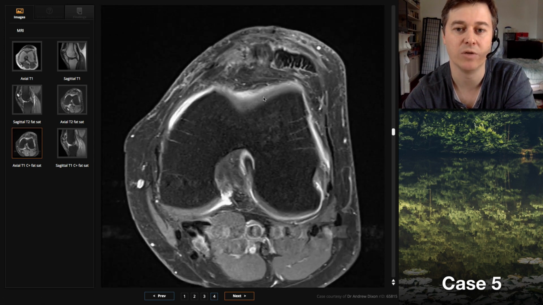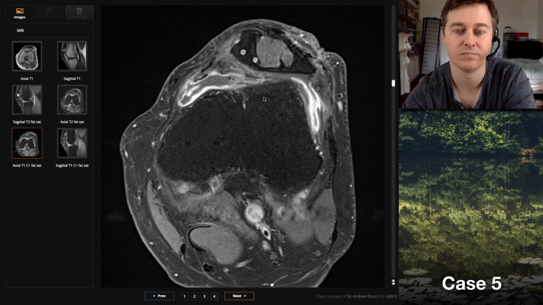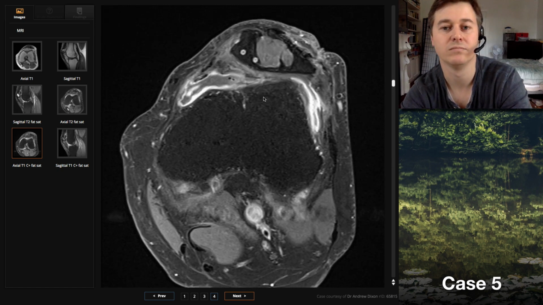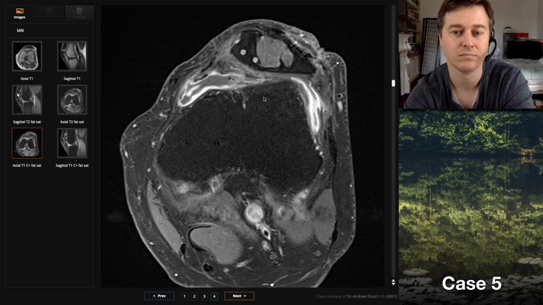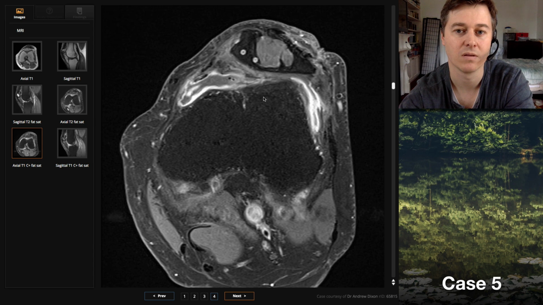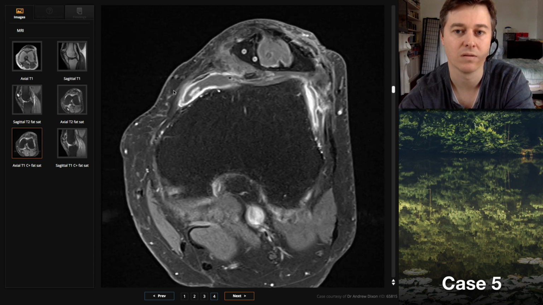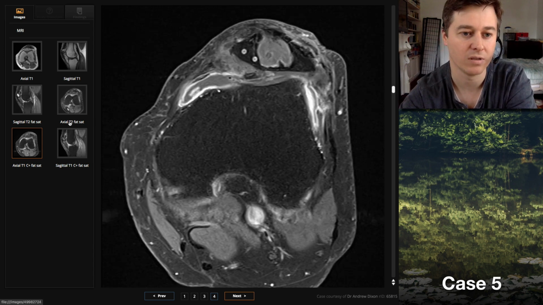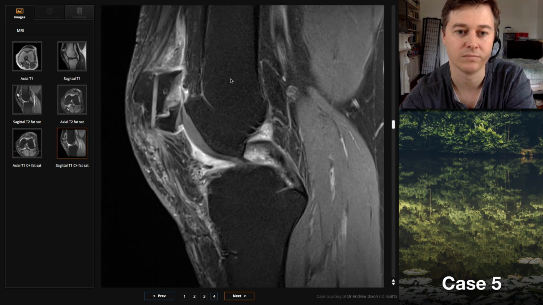And here's the post-contrast fat-sat. So it's a bit difficult because the pre-contrast T1 didn't have any fat-sat, so I'm not entirely sure if this is homogeneous enhancement or not. But it's definitely not vividly enhancing.